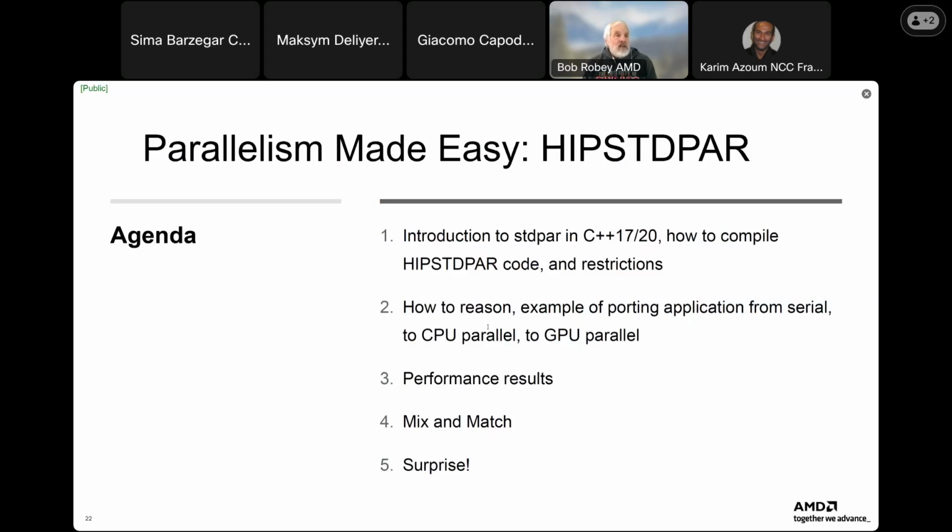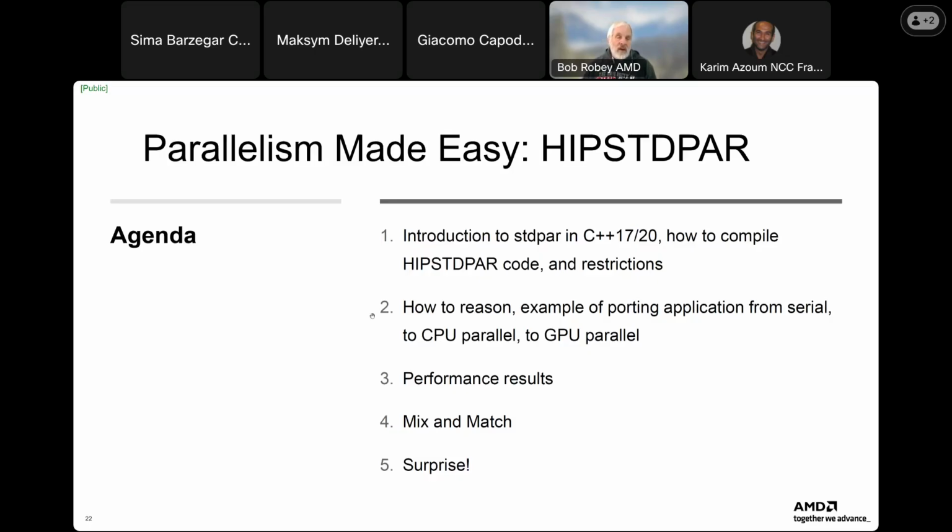But we're going to jump over to C++ standard parallelism, and that in ROCm it's called HIP stdpar. It was implemented a few months ago and implements the C++ standard for standard parallelism. It does not have the latest C++ standard additions to that capability.